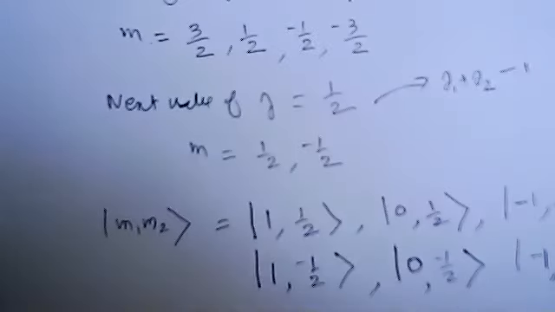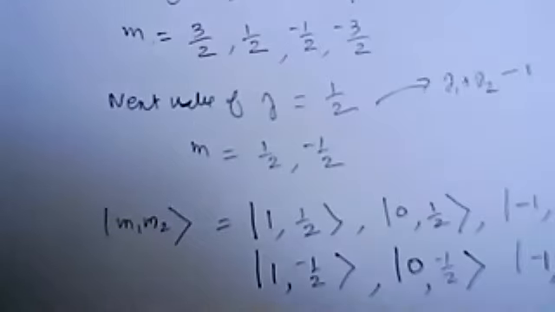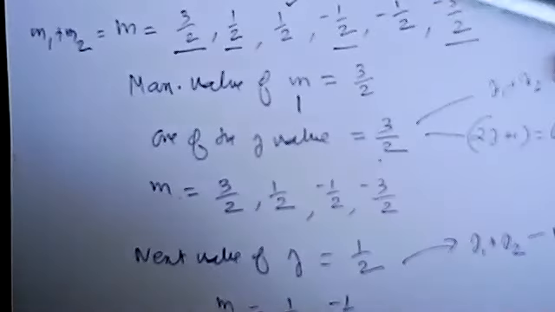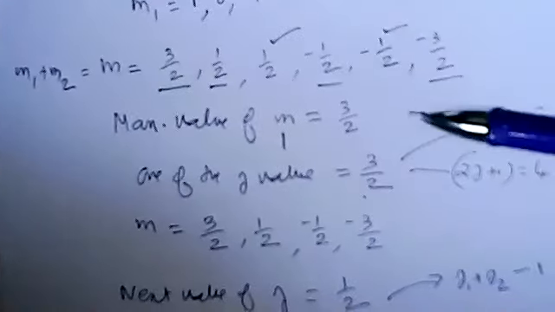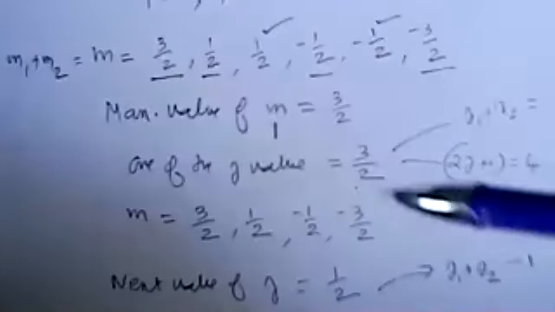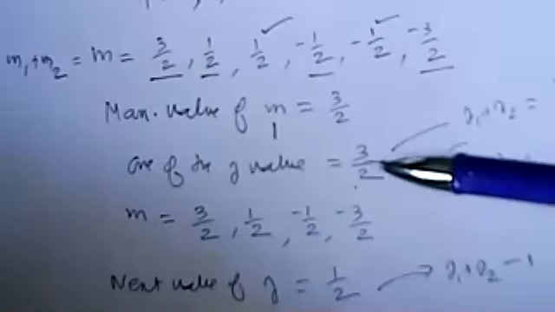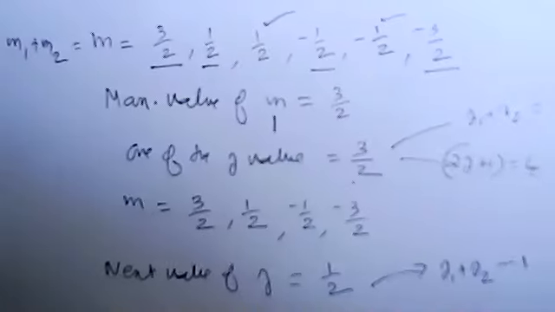Is this idea clear? This is how we find the total, or add, two angular momenta, J1 and J2, for example. If J1 equal to 1, J2 equal to half, this is the way to find what the possible J values are, and what the different states are corresponding to those J values.